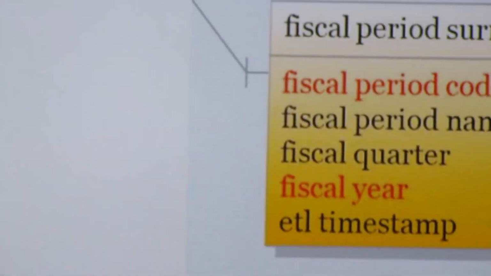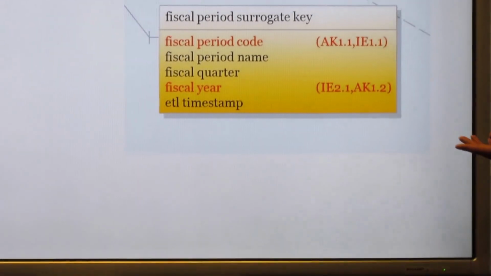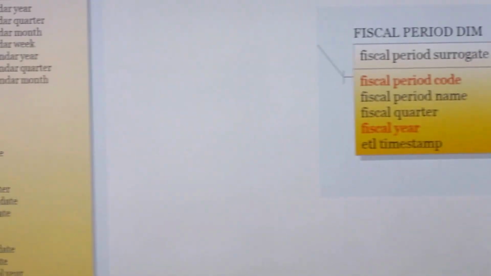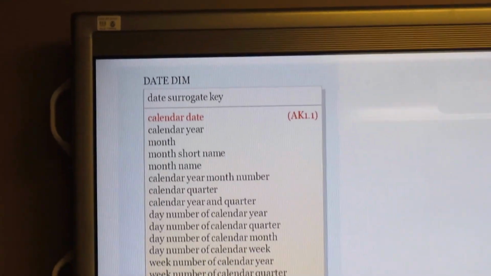So you see a date dimension which has all different kinds of date and time attributes that you can think of. You also have a separate fiscal period dimension. This is account.